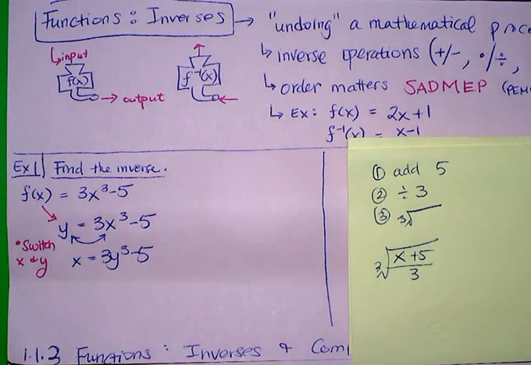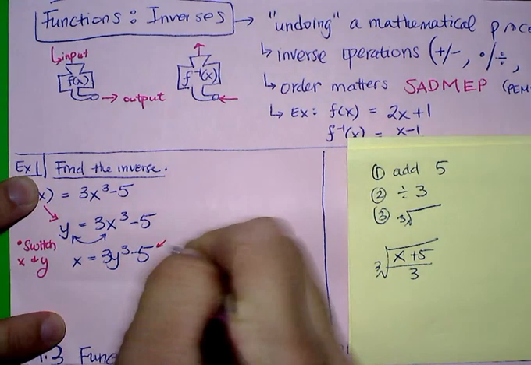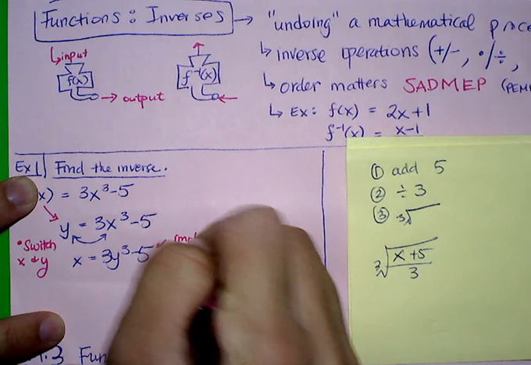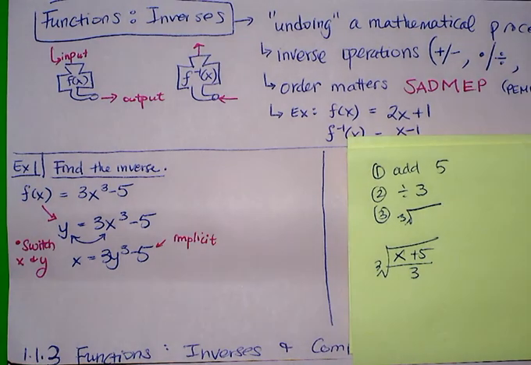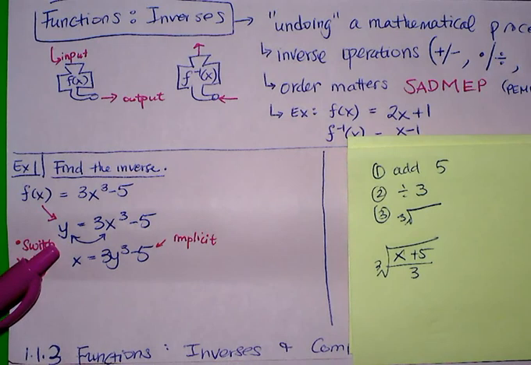That's the inverse function, but this is only writing the inverse function implicitly. If you want to get fancy, this is implicit. What's the opposite of implicit? Explicit. Very good. In English, what does it mean to say something implicitly or explicitly? Implicit is implied.